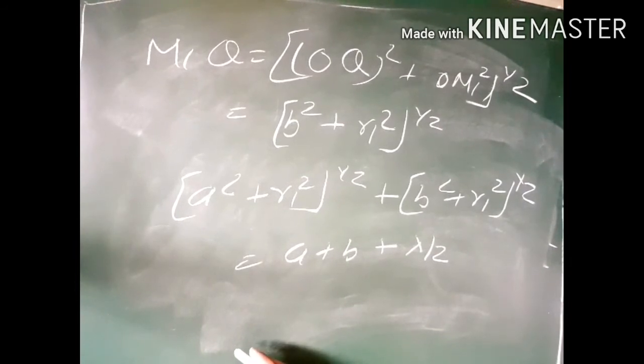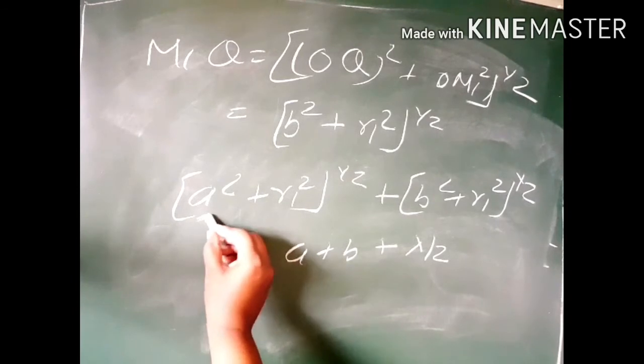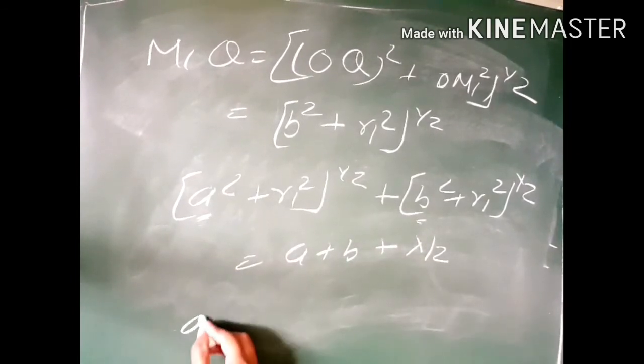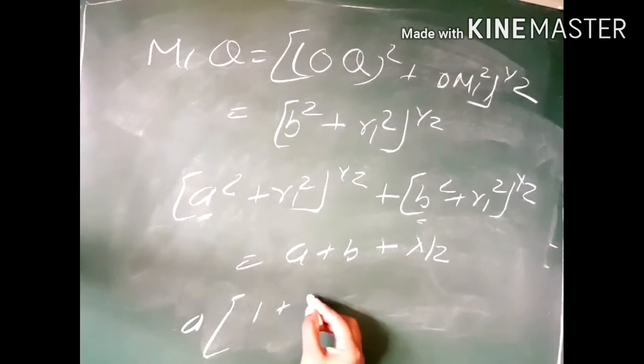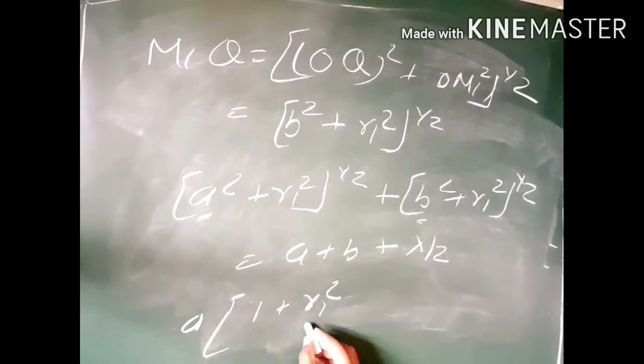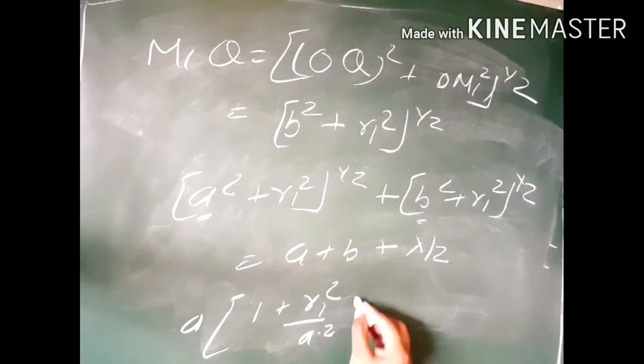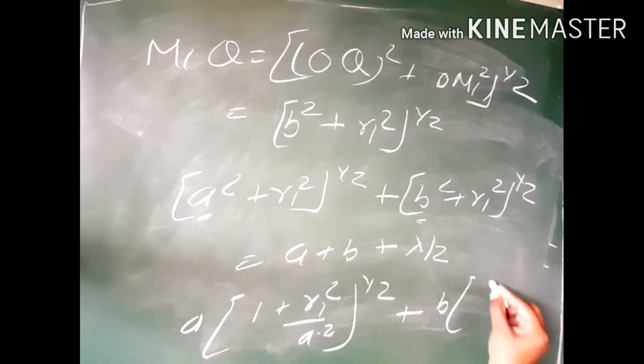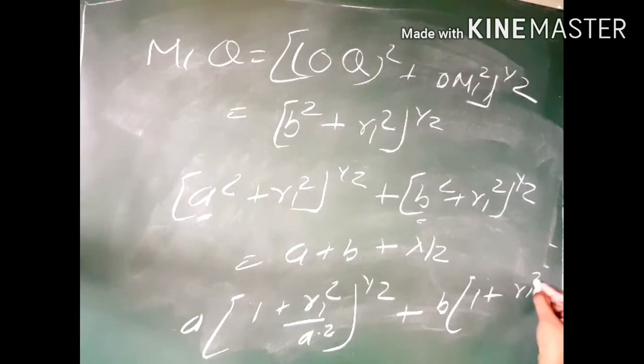Now we have to simplify this equation, taking a square common from here and b square from here. We get a into (1 plus R1 square by a square) raised to power 1 by 2 plus b into (1 plus R1 square by b square) raised to power 1 by 2.